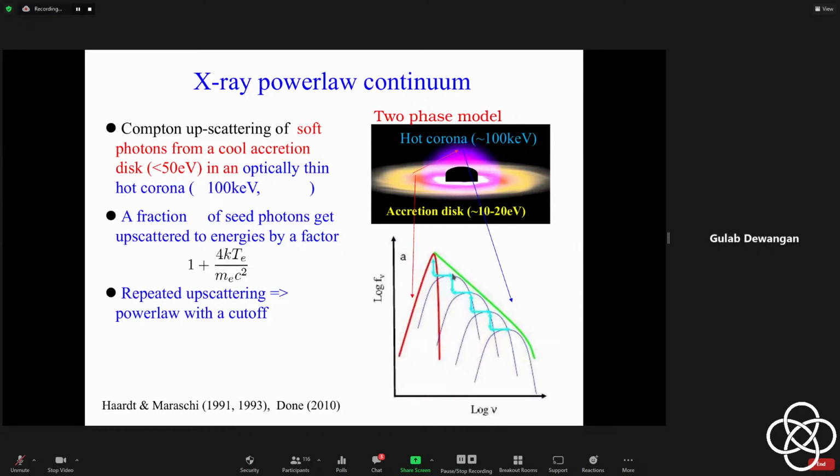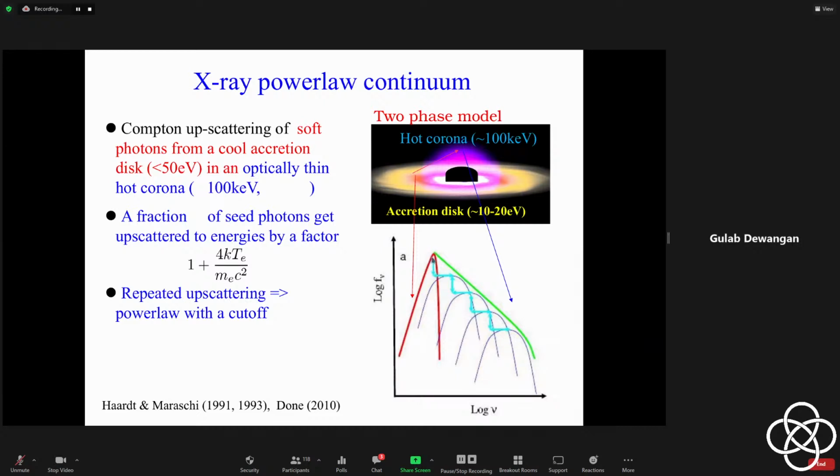Then in the second scattering step, again the same fraction tau is taken and upscattered to higher energies by the same factor, 1 plus 4 kTe divided by m_e c squared. These steps continue until the photon energies reach close to the temperature of the hot corona, because beyond that there are not enough electrons to upscatter to higher energies compared to the temperature of the hot corona.